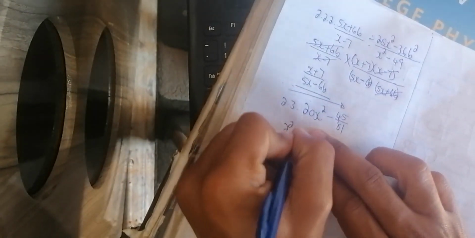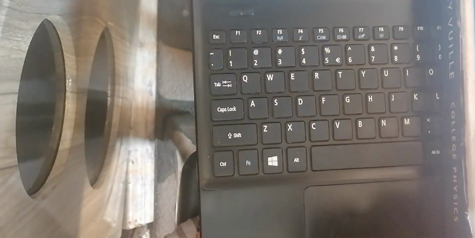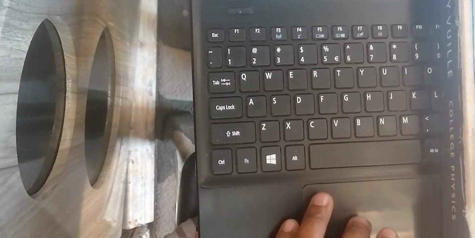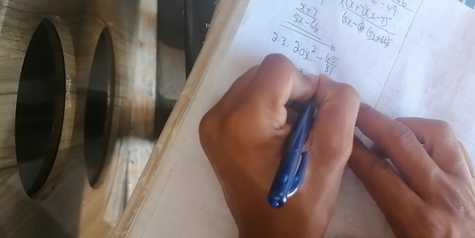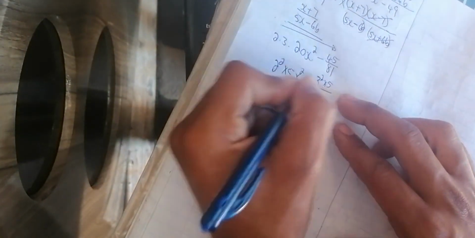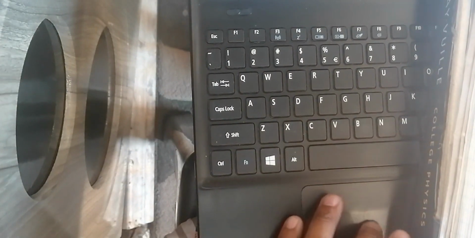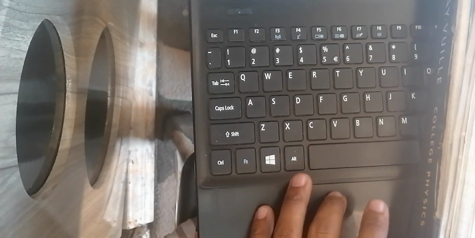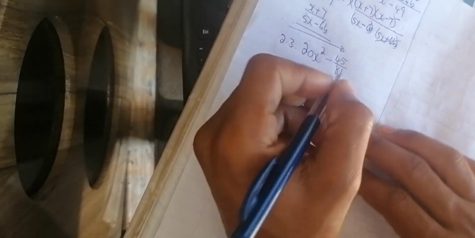So I'm having 2 squared times 5x squared minus, let's look for 45. 3 squared times 5. Let's look for 81. 3 to exponent 4.